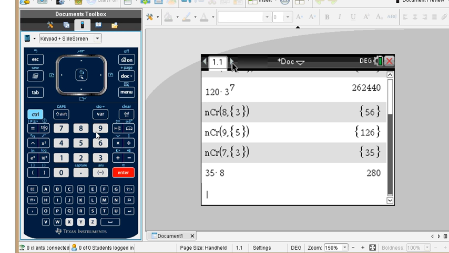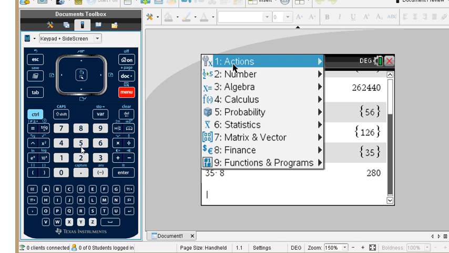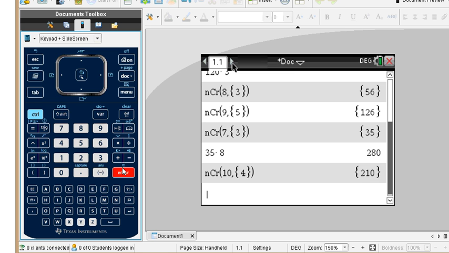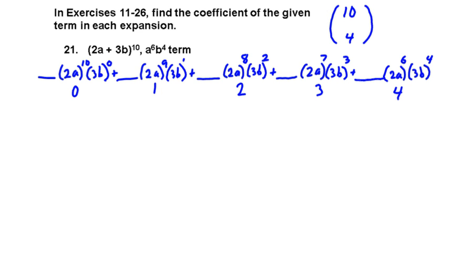So we go to our calculator, menu 5, 3, and we put in 10, which is our n value, comma, 4, and we get 210. So 210 goes here.